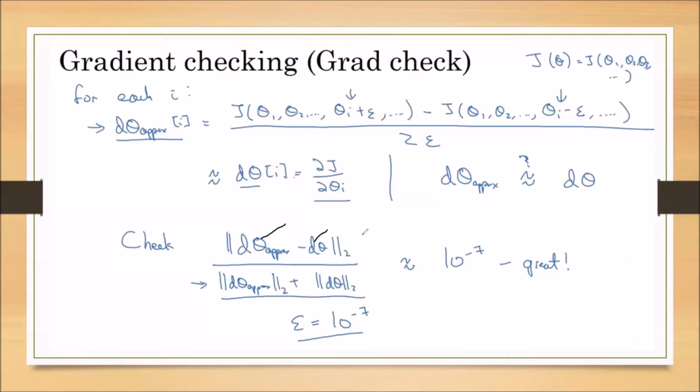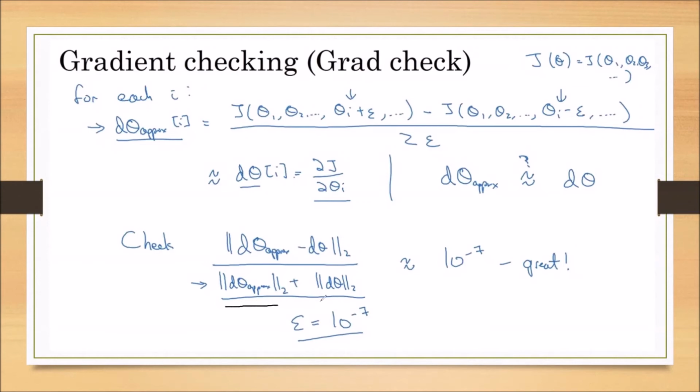Why are we adding the squares? Because sometimes the error may be negative, sometimes positive. That's why we add the squares of individual elements. After adding the squares, we take the square root.